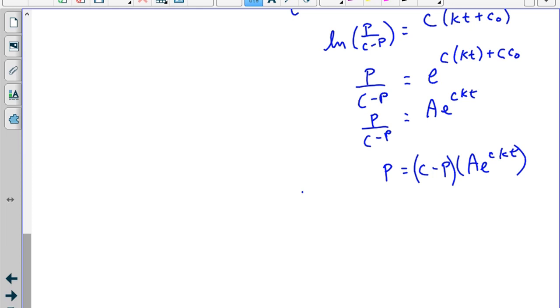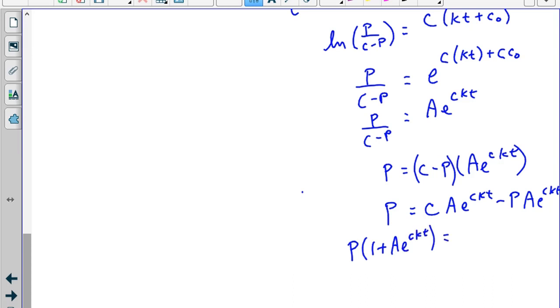So I will end up with c times A e to the ckt minus p times A e to the ckt. Then I will add this p back over and factor it out. So now I have p times (1 plus A e to the ckt) equals c A e to the ckt.